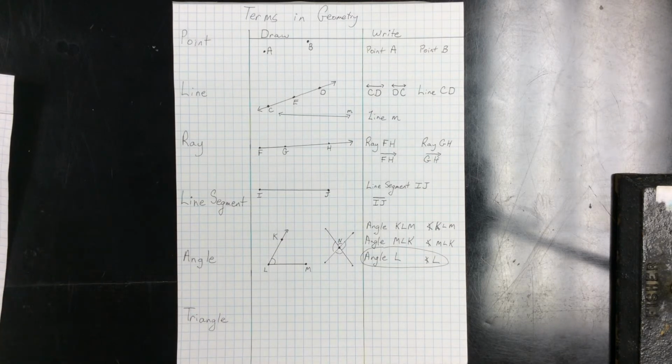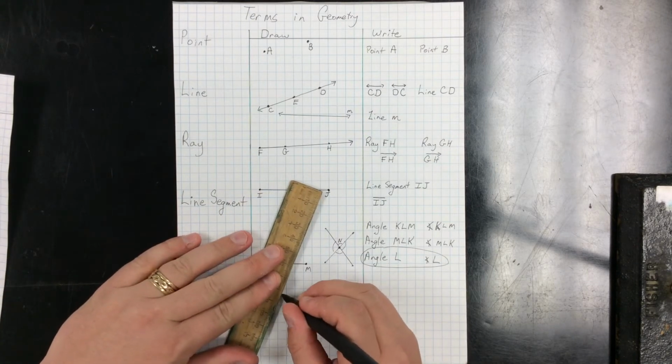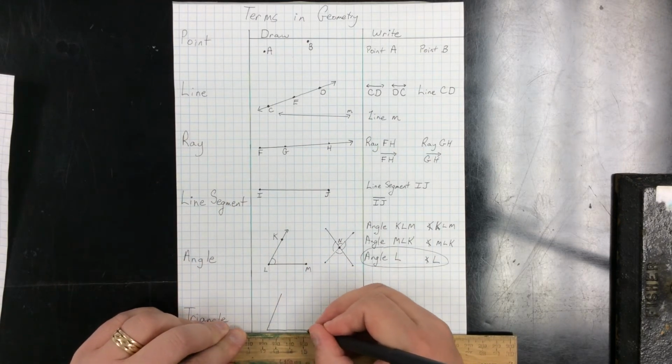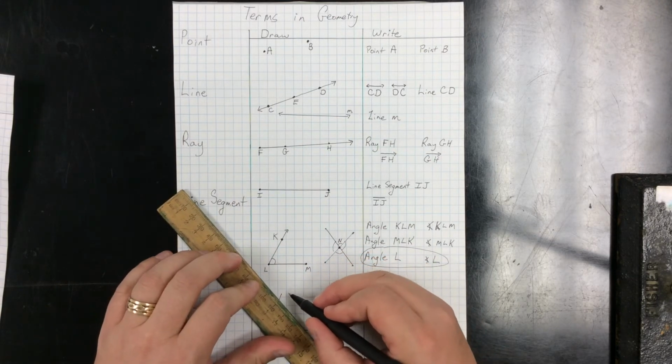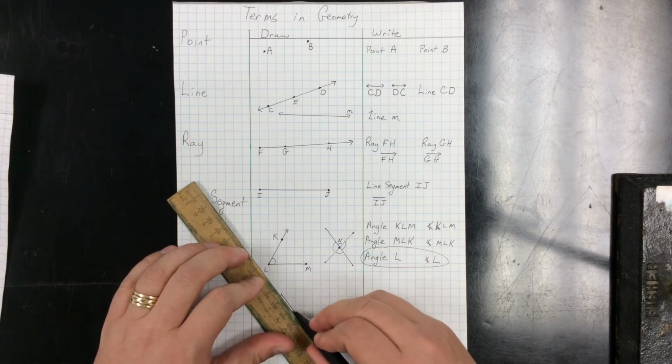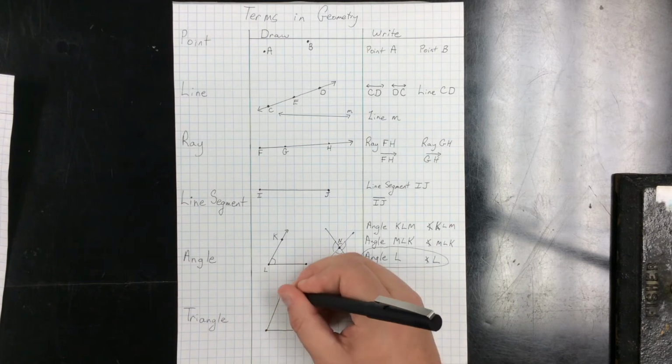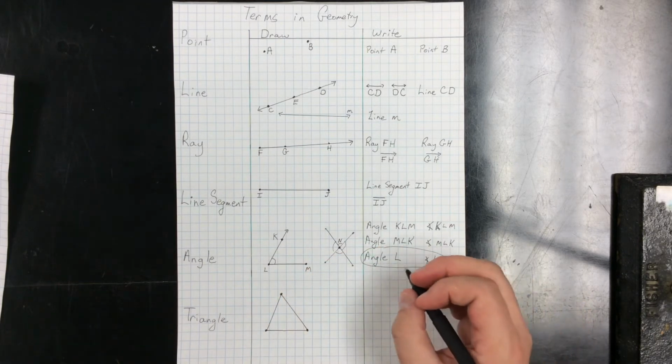The last one we're going to look at today is a triangle. This triangle has three sides. I'm not going to draw any specific type of angle today. And we're just going to name the ends.